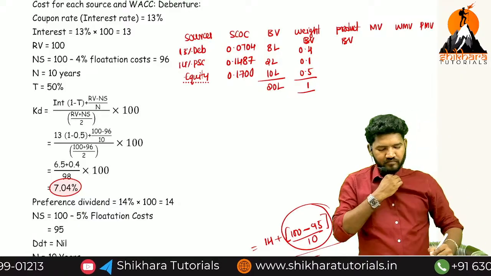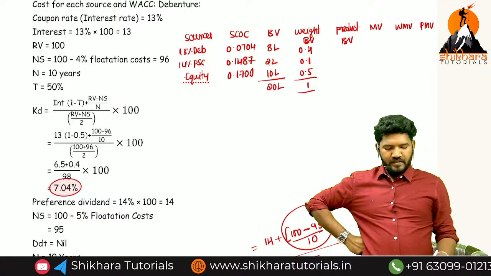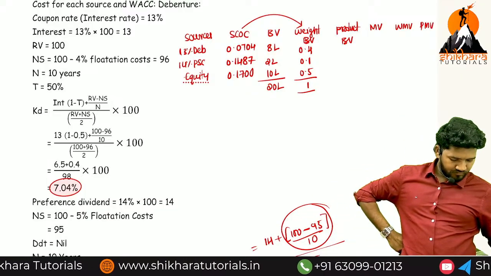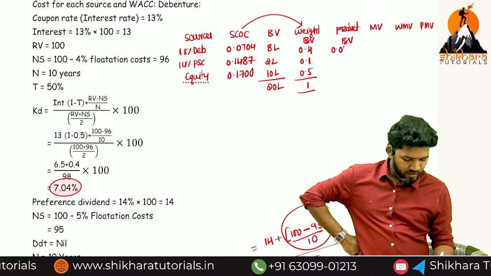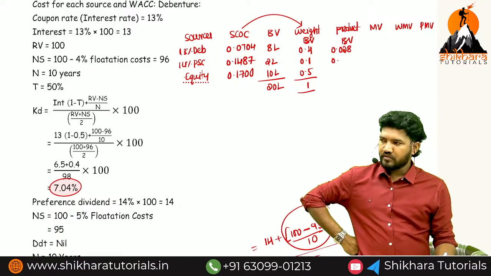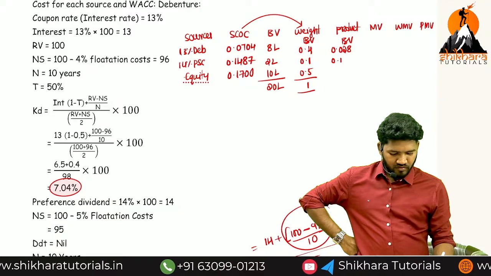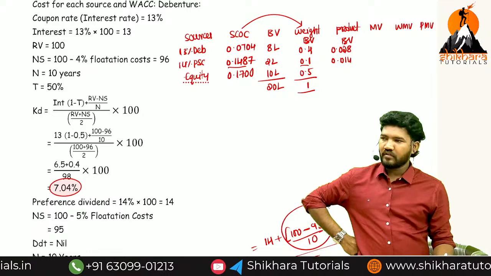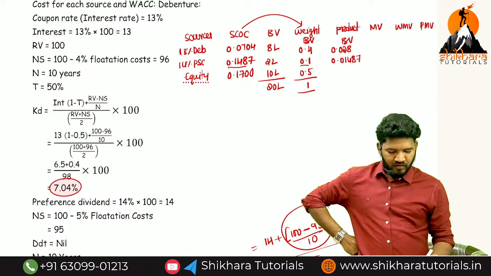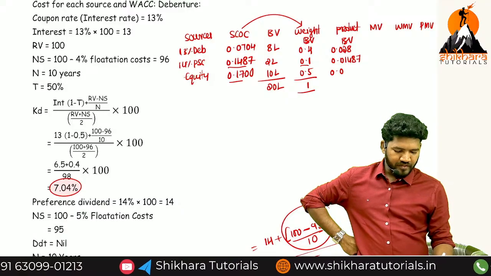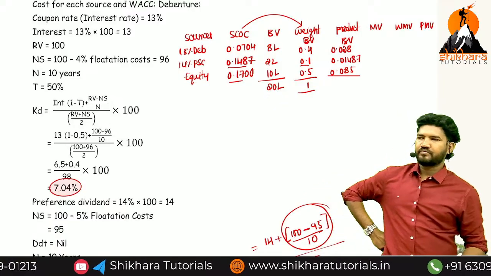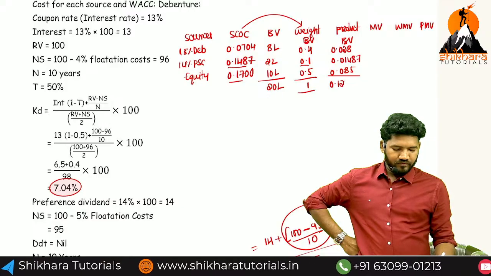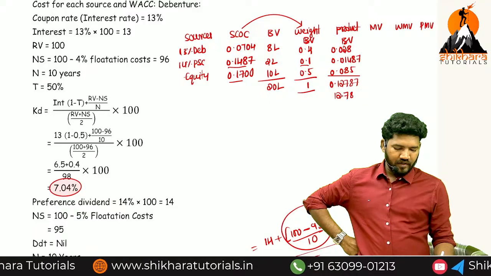Product: book value product, specific cost of capital into weight of book value. 0.028, 0.1487 into 0.1, 0.01487, 0.17 into 0.5, total please. 0.12, 12.79%.